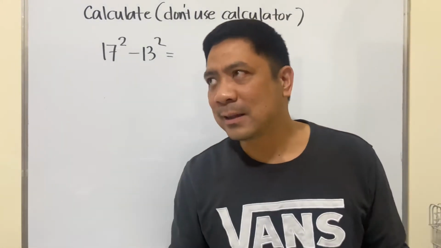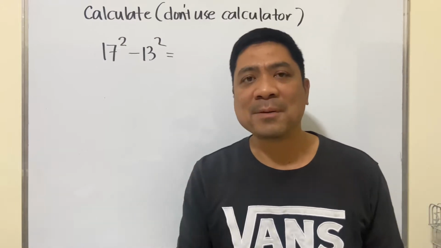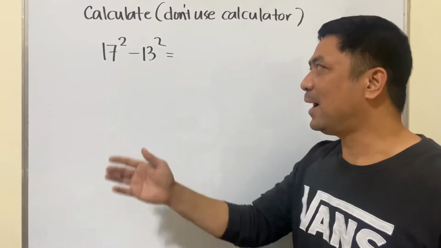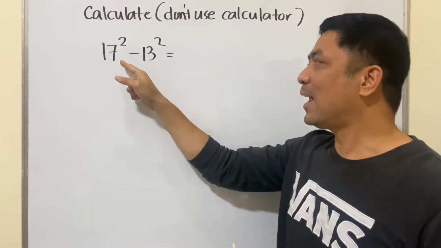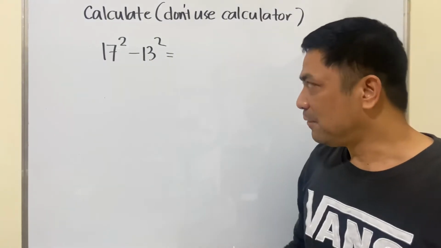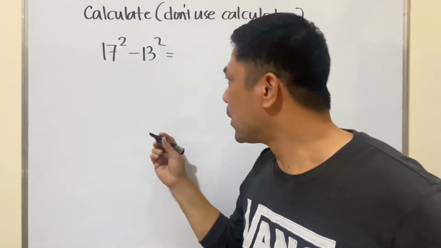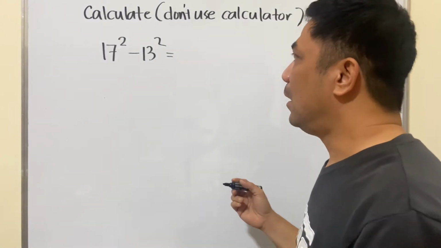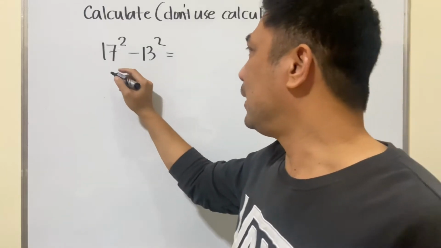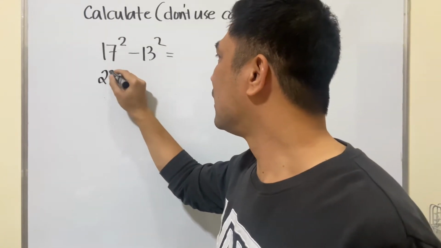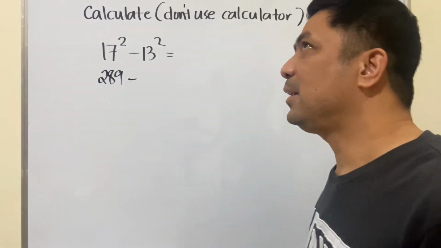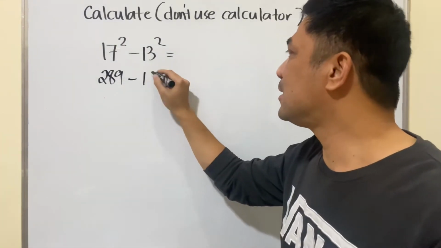If you are not familiar with the sum and difference of two terms, our tendency is to solve it using our calculator, 17 times 17 minus 13 times 13. So if you use your calculator, 17 squared is 289, and 13 squared is around 169.